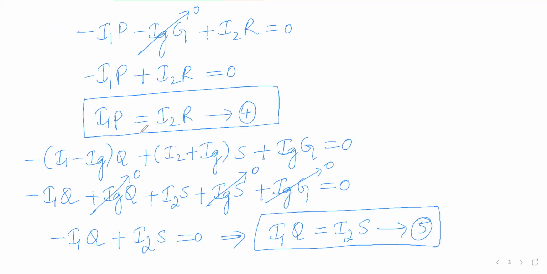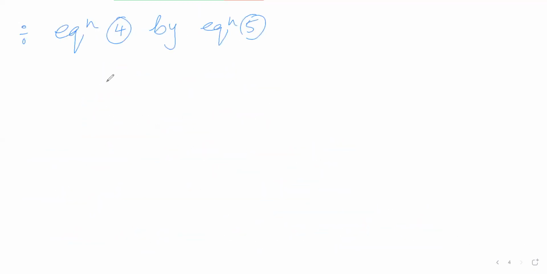So equation 4 is I1P equals I2R, let me rewrite it.